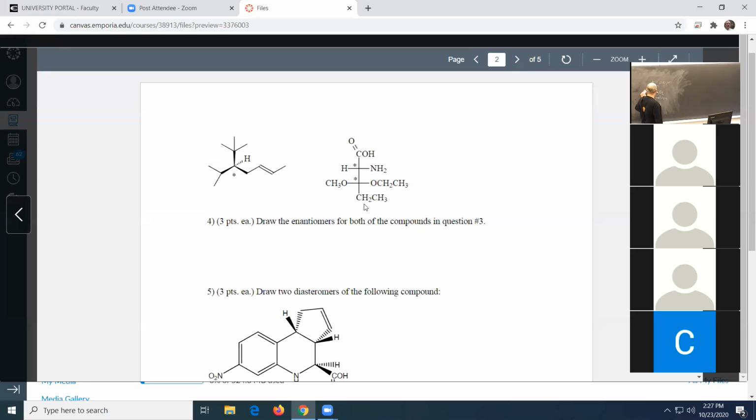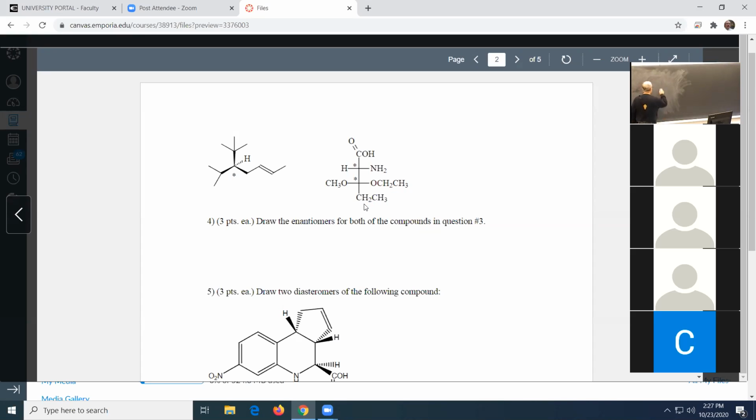Question number 4. Draw the enantiomers of both compounds. For the one on the left, we would switch any two groups.